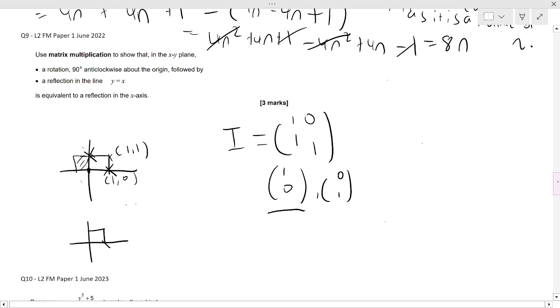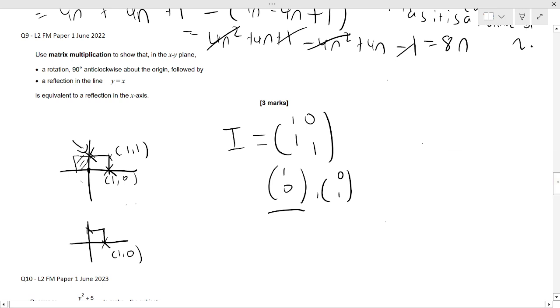firstly, this coordinate 1, 0, where is that going to go to when we rotate it 90 degrees anticlockwise? Considering the rotated square here, where would that point go to? It's going to go to this point here.